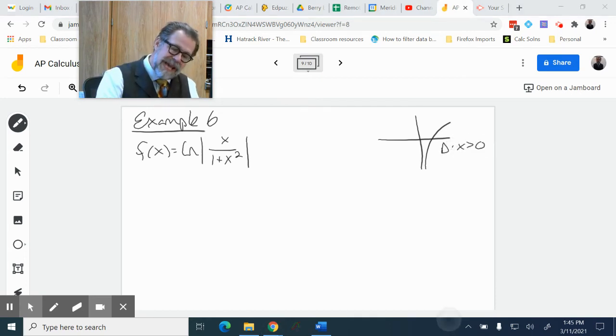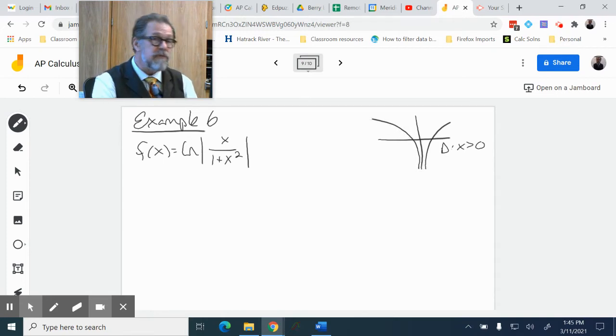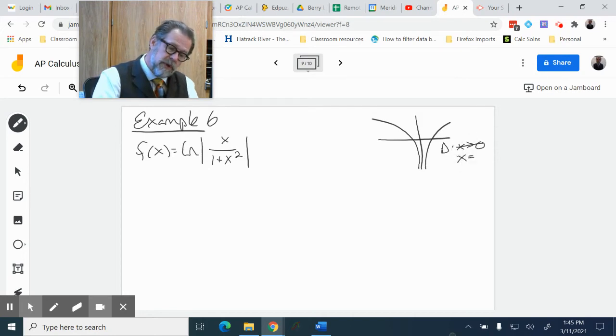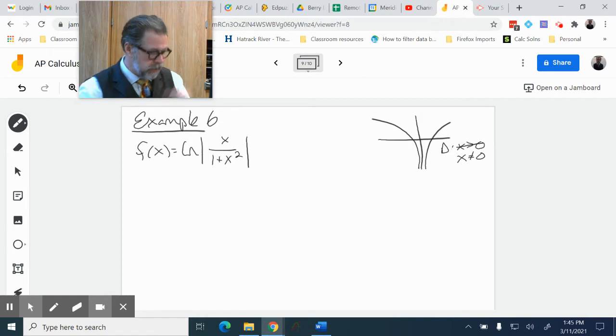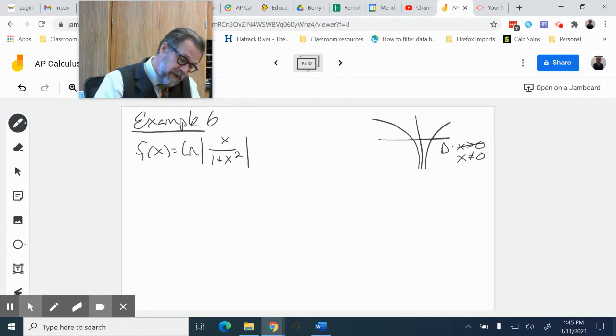But because of the absolute value, if the input is negative, I'm just going to turn it into a positive anyway, which means that my domain actually becomes x is not equal to 0 for this function.